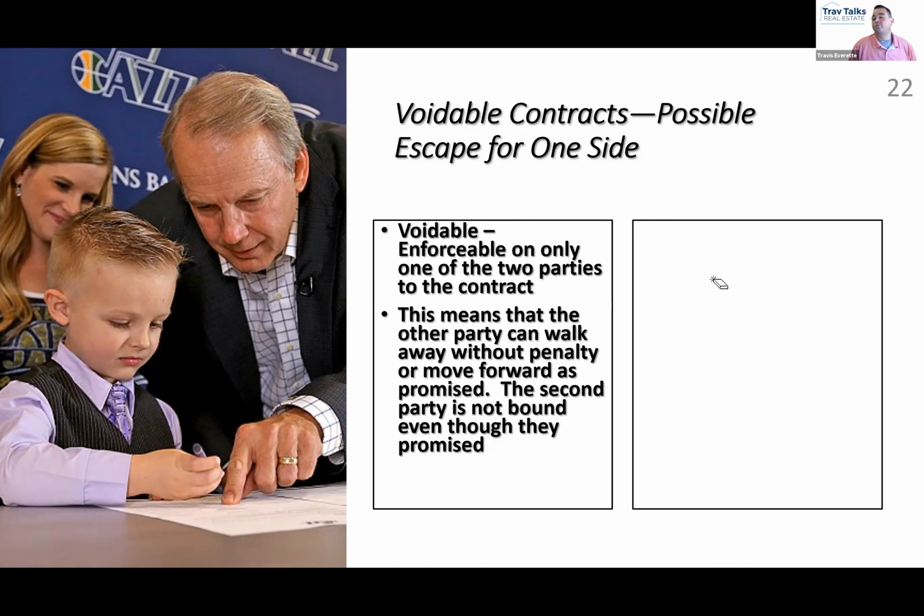Look at the picture you see on the screen right here. This is an example, and it's not the only example, of a voidable contract being formed. If these are the two parties, party number one and party number two to this agreement right here, and I would point out he is signing with crayon.